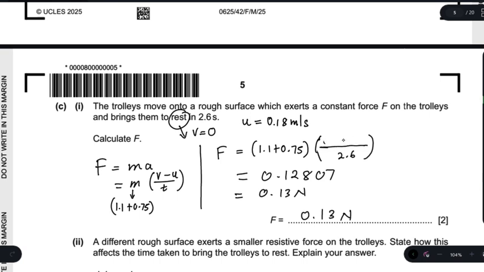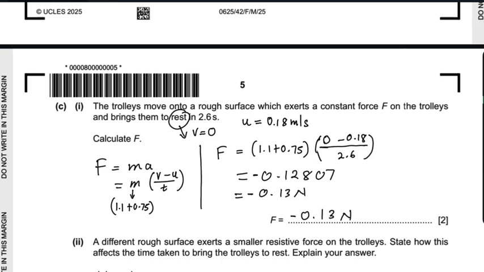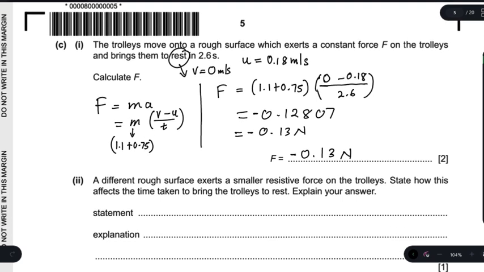This must be clear that it's a resistive force, so this will be 0 minus 0.18, so our answer will be negative because this is a resistive force. Initial velocity is 0.18, final velocity is 0 meters per second. It's important to check those things, to make sure I don't make those mistakes.